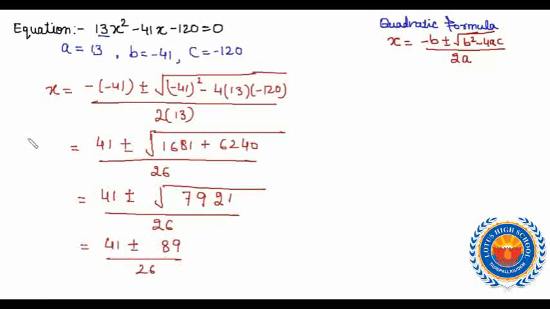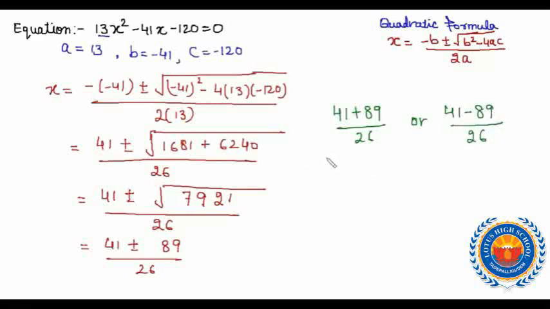So this will split into two parts. Now on solving the two parts, the first one becomes 41 plus 89 divided by 26, and the second one is 41 minus 89 divided by 26.